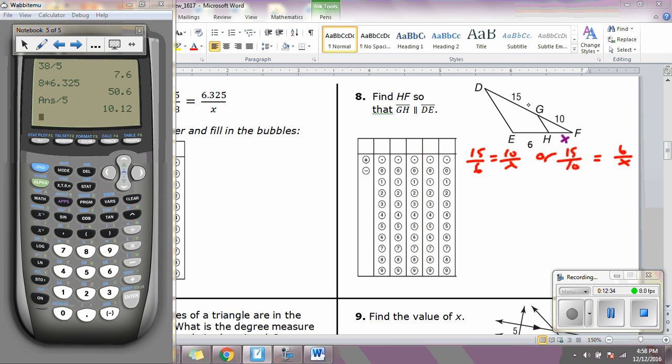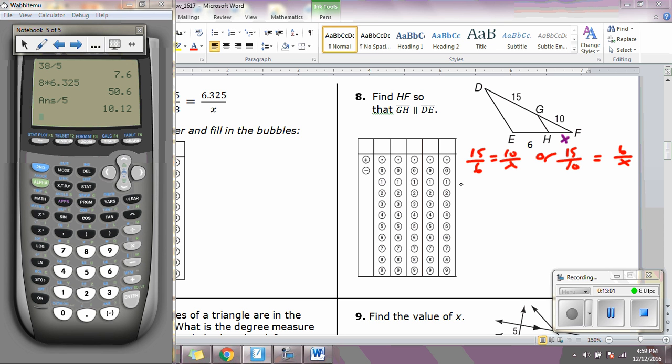So the first time I went top, bottom, the second one I went left, right, left, right. Either one is fine. I could have gone bottom, top, bottom, top. Be careful. As long as you go the same direction for both fractions, you are okay on your setup.